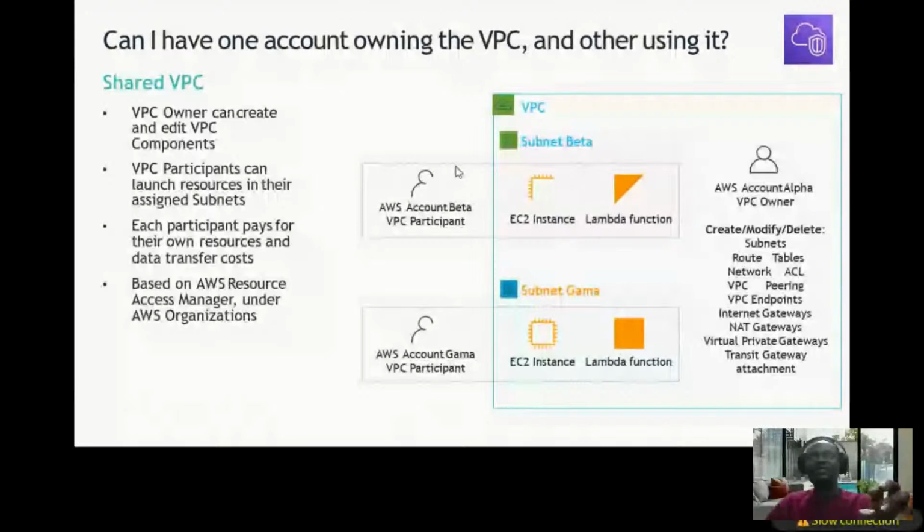You have account beta, maybe, and then this one, account gamma. Some of it can be modified by either the person you share your VPC with or by yourself.